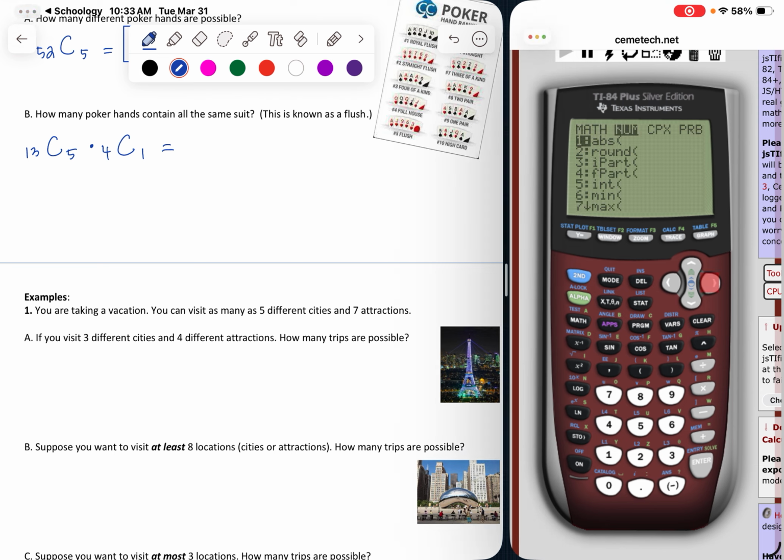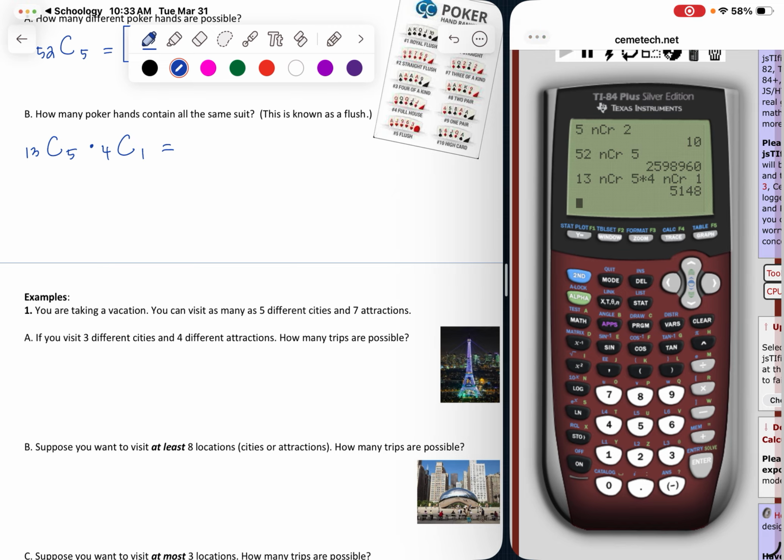13 choose 5 times 4 choose 1. I hope this goes in there correctly. We'll find out very quickly. What does that look like? 5148.